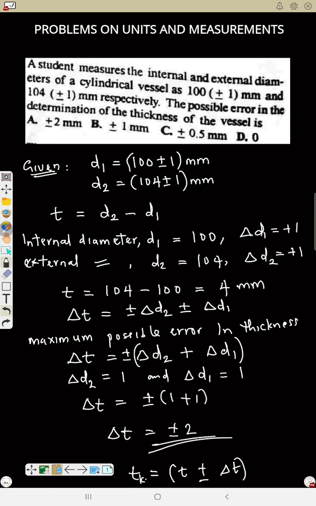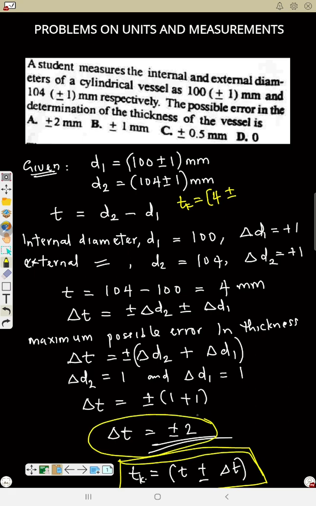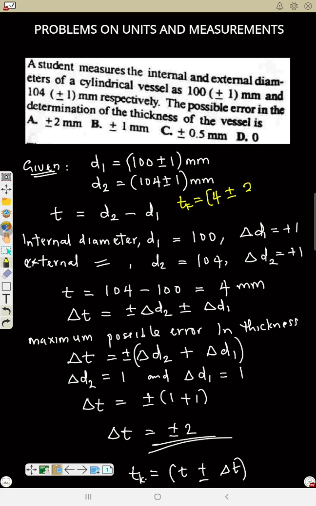So that means if question asks for thickness, this one is the possible error in the thickness, but the real thickness, the measurement of the thickness can be t, that is 4 plus or minus 2 millimeter, as in this, that is t plus delta t.